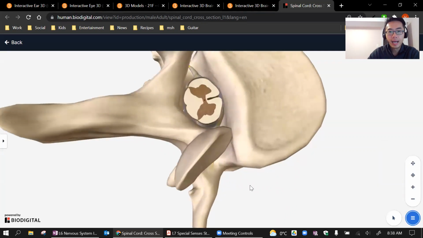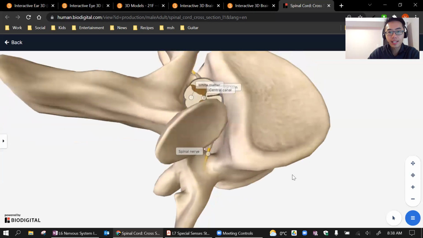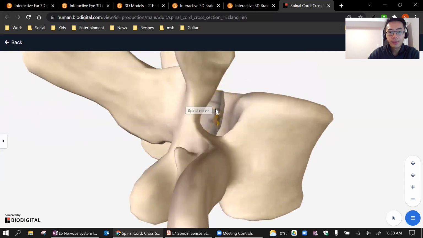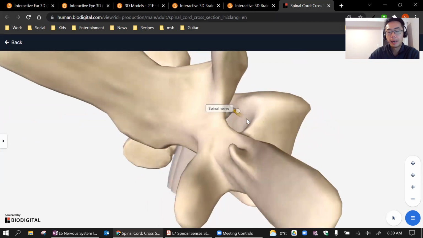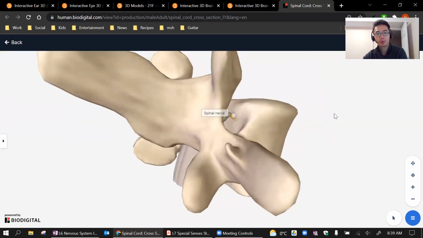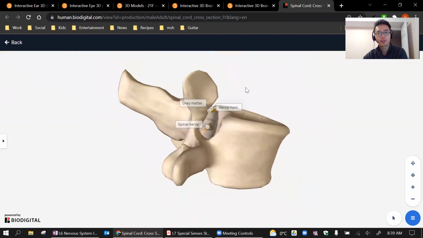And if I look at the side, you see there is the spinal nerve coming out in a little opening that is formed between two of these backbones. You cannot really see another one, but there's going to be another one on top and another one below. And on the side where the two connect together, there's a little opening for the spinal nerve to come out.